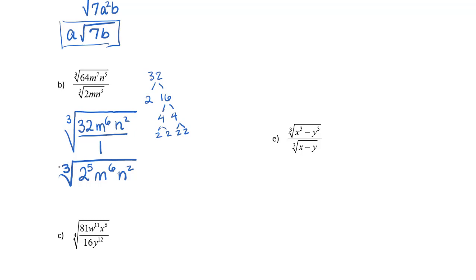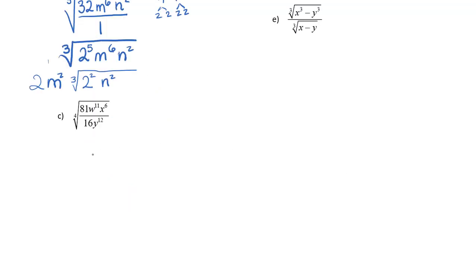Well, if we take 3 and we divide 5 by 3, then 5 divided by 3 is 1 with 2 remainders. So 2 to the 1 comes out, and 2 remainders stay in the cube root. M to the 6th will come out twice, so m squared, and n squared will not come out at all. It has to stay inside with the 2 squared.